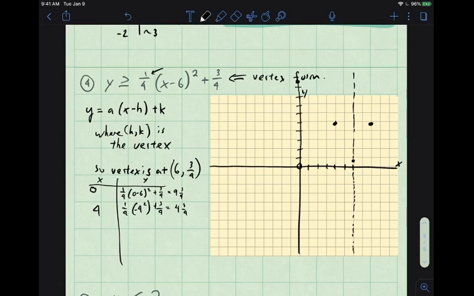So, although it kind of seems really off scale, doesn't it? 6 3/4. I'm thinking, did I mess up my vertex form?